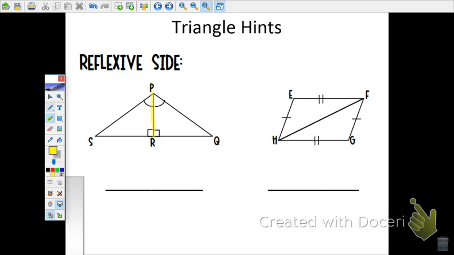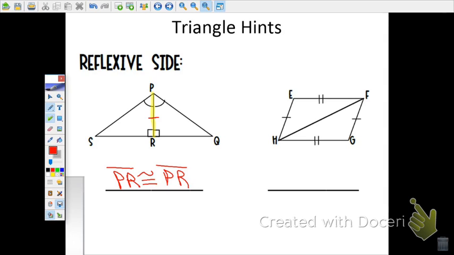It is congruent to itself. I'm going to put a tick mark on that line because I then know that PR is congruent to PR. That gives me a piece of information needed to be able to say the triangles are congruent.